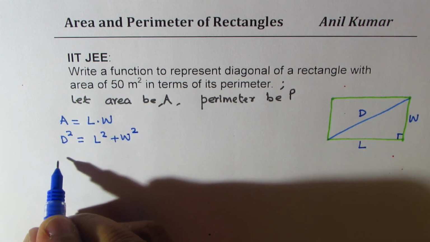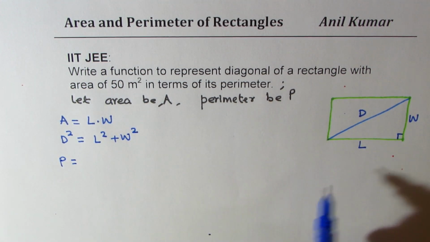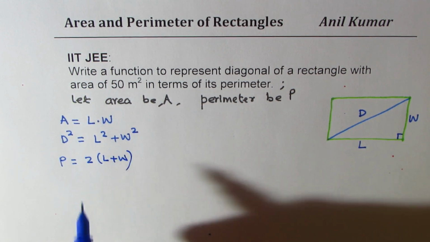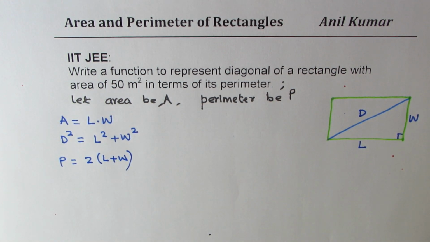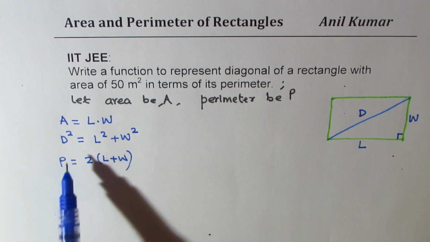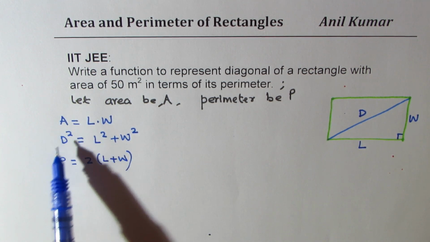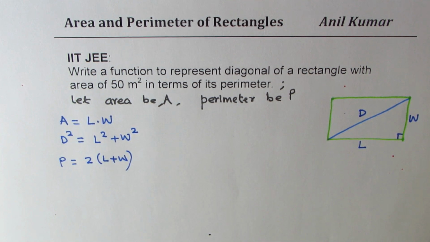We also know that the perimeter P is twice length plus width. So these three formulas are known to us. Now we have to somehow isolate D in terms of perimeter P, and we know A, right? So basically in terms of perimeter and area. So I'll derive a very general formula in those terms, correct?